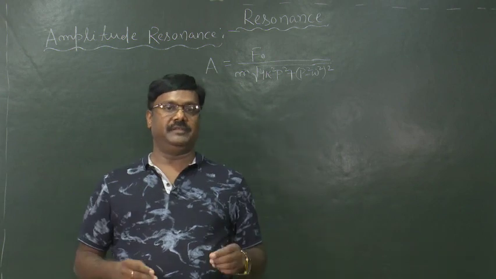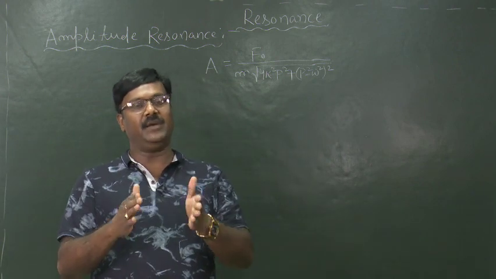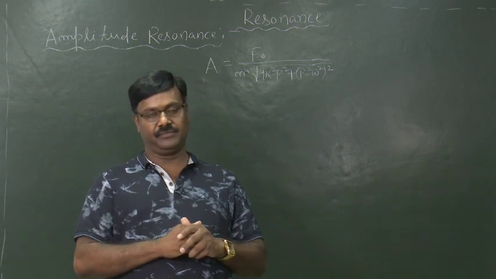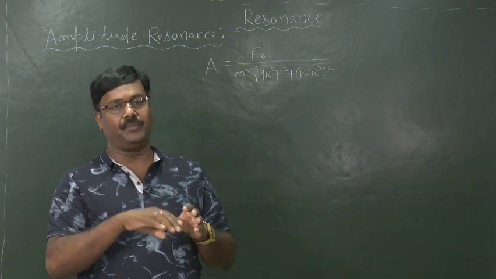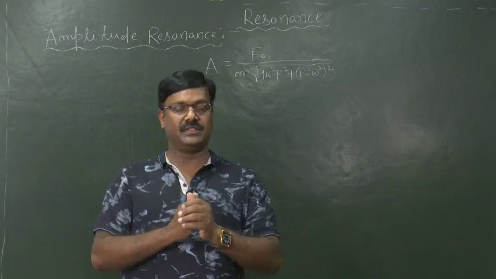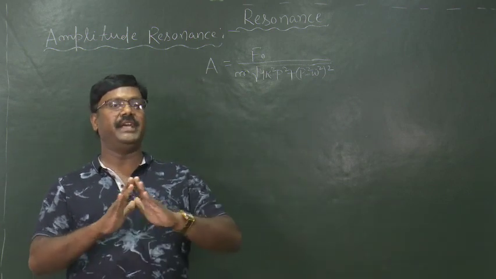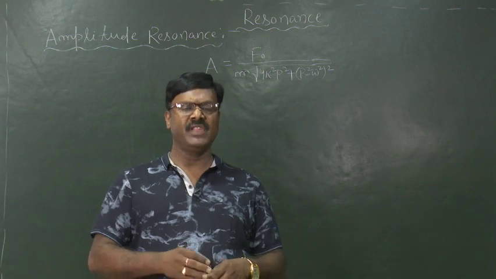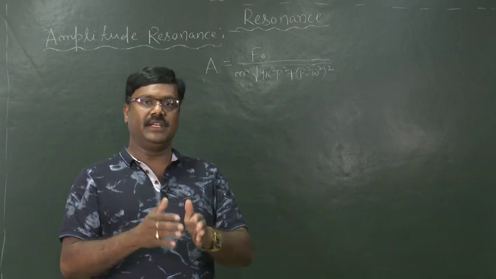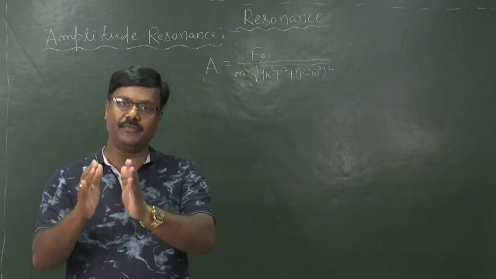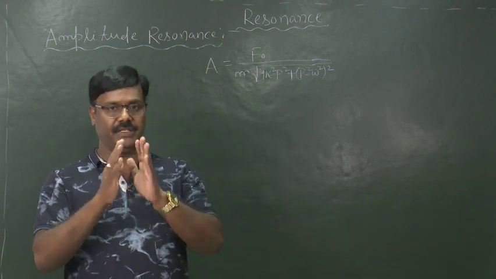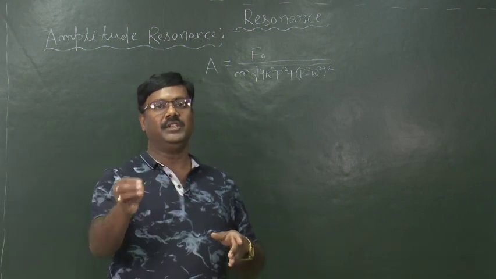Resonance is a phenomenon of setting a vibrating body into undamped oscillation under the action of a periodic force in which the amplitude becomes very large. And this situation occurs when the frequency of the applied force coincides with the frequency of the body, that is the natural frequency of the body.